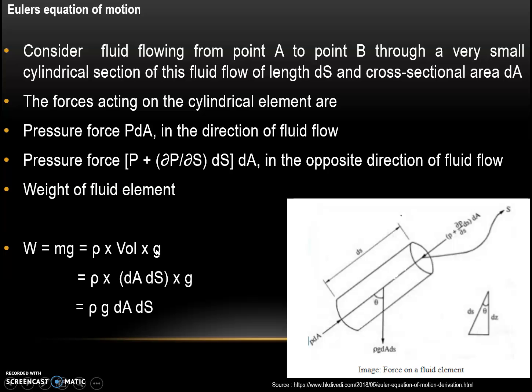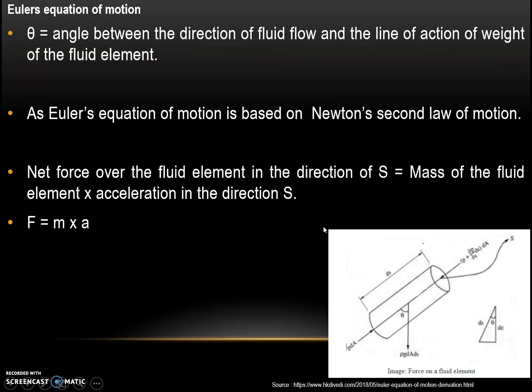The volume of this cylindrical section is dA into ds, and acceleration due to gravity is g. So the total value of W becomes rho g dA into ds. Let the angle theta be the angle between the direction of the flow of fluid and the line of action of weight of the fluid element.